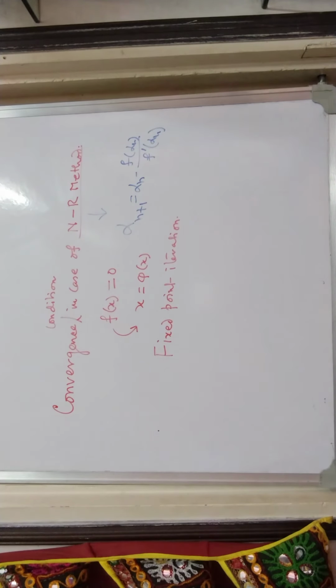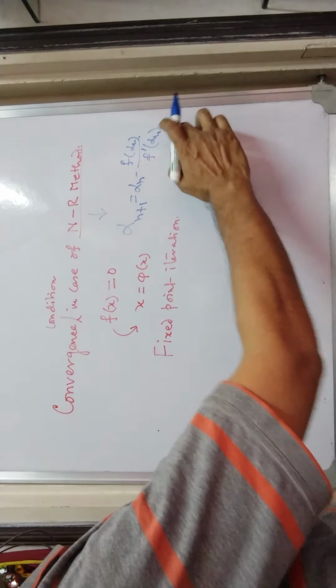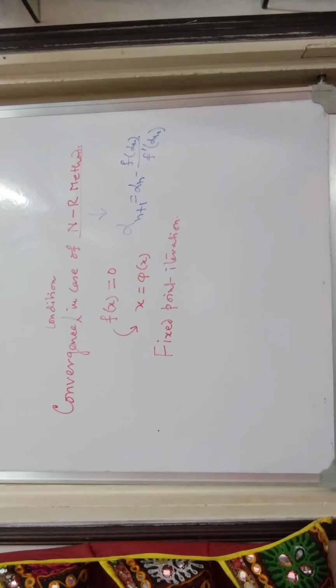Okay? So if we express this as phi(x), phi(x) is nothing but x minus f(x) by f prime(x). So we may put it as x equal to phi(x).